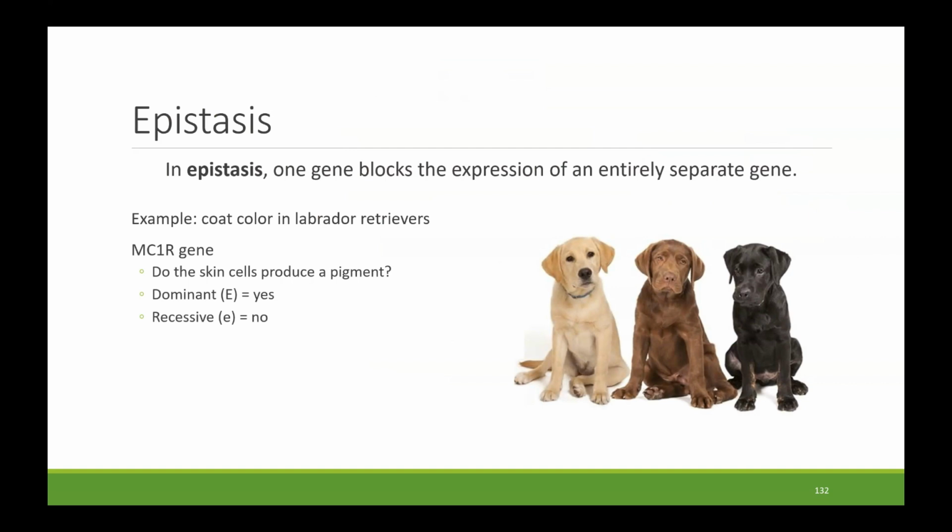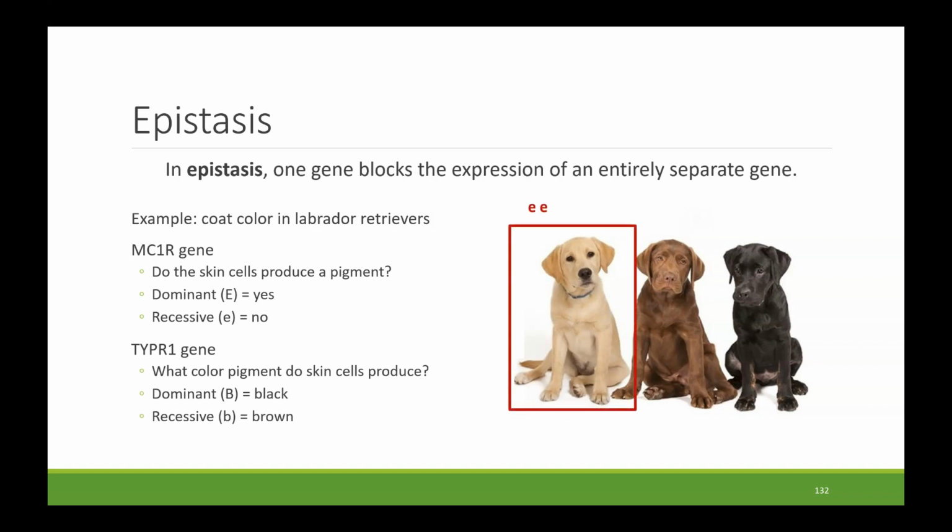But then there is a separate gene called TYRP1, which determines what color pigment the skin produces if they produce one. And for this gene, black pigment is dominant, so capital B, and brown pigment is recessive, lowercase b. So yellow labs do not produce a black or brown pigment.